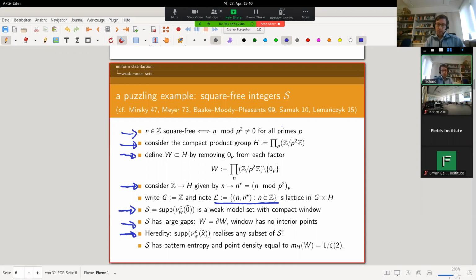And this is also maybe astonishing, because you would think this underlying lattice structure would result in something which is very close to a lattice, but it's of course somehow different here, and you have pattern entropy and positive point density, and both actually are equal to the measure of the window, which you can express by a zeta function, 1 over zeta of 2. Okay, so this is one example which motivated certainly much of the theory here.